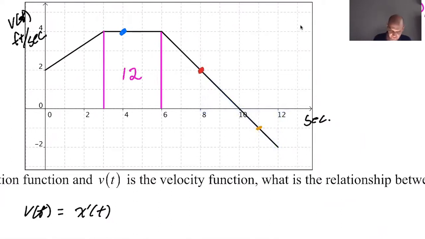So you could definitely say from 8 to 12. It's kind of odd about 10. The area that we accumulate here is going to cancel with the area that we accumulate here. So we'll just get 0 if we go from 8 to 12.